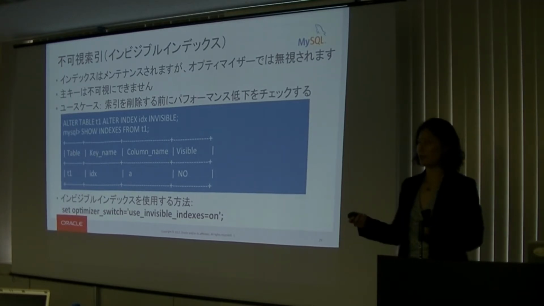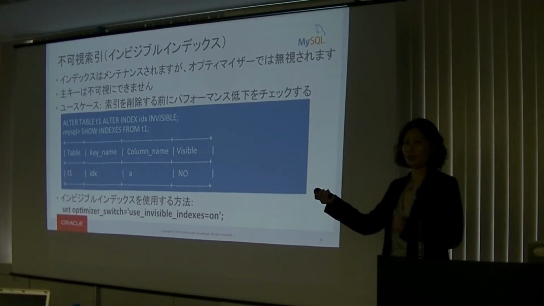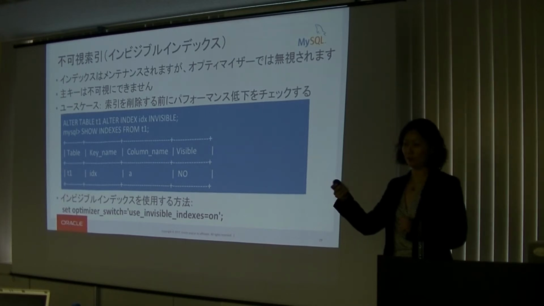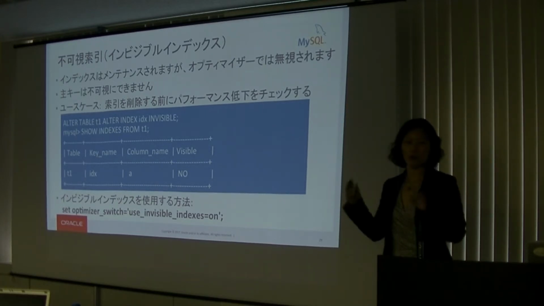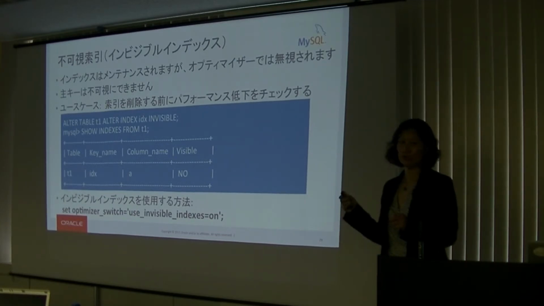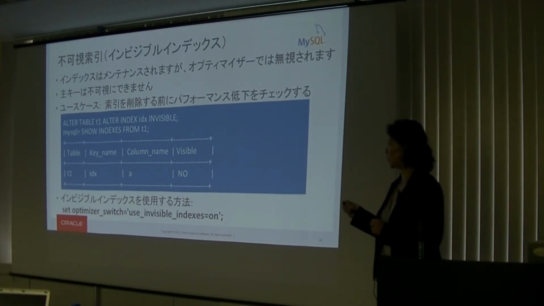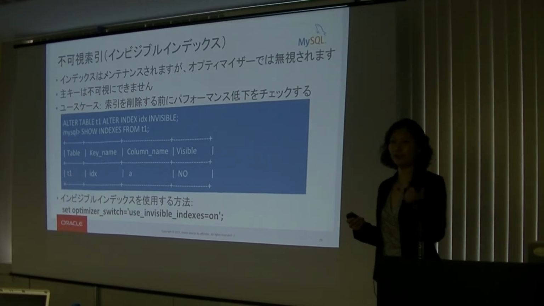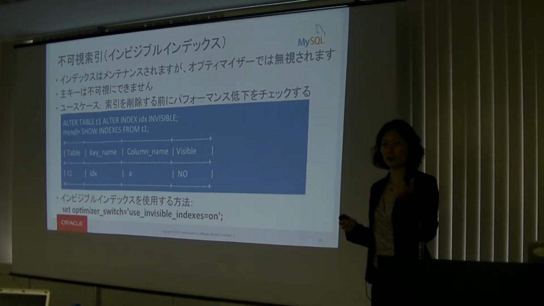So DBAs can check: if we make the index invisible and there's no performance drop, we drop the index. If there's a performance penalty, we'll just enable the index by setting it visible. And turning an index visible or invisible is an instant operation, it's a metadata change.